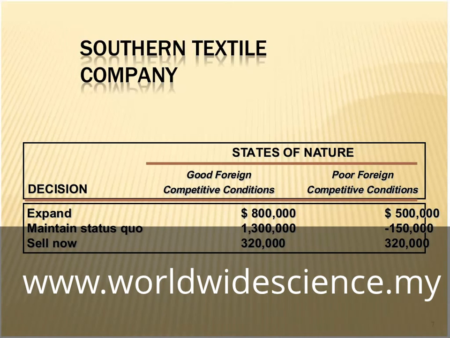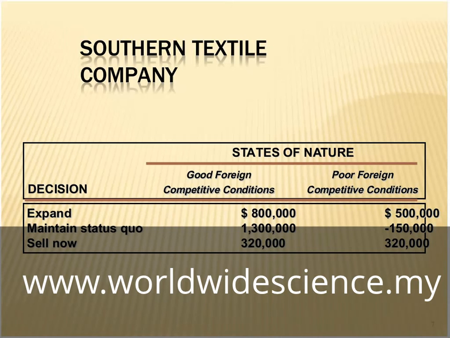So they select a state of nature based on good foreign competitive condition or poor foreign competitive condition. He checks if the foreign competitive condition is good, the profit for the company in expand is 800,000 US dollars. But if the foreign competitive condition is poor, the return for the company when we select expanding is 500,000.